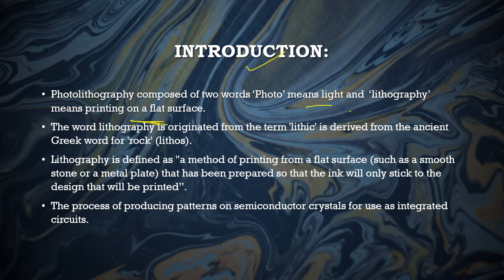The process of lithography is printing of images with the help of ink on a plain surface. With the help of ink we produce images, and we produce patterns on semiconductor crystals for use in integrated circuits.